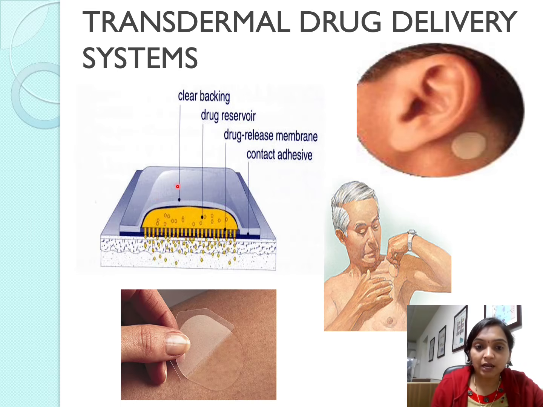See, this is the backing film, first one. This yellow is the drug reservoir. From this drug reservoir, the drug is released through a drug releasing membrane, through which it will enter into the dermal layer of the skin. So this is a contact adhesive layer, and this is the dermal layer. Drugs will enter into the skin. So the different layers are very important.